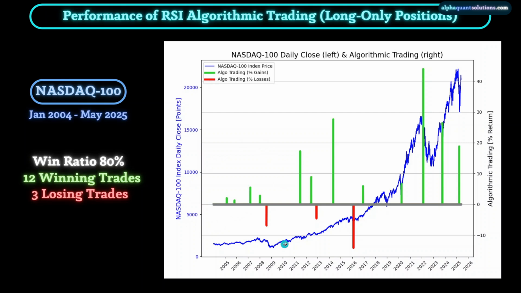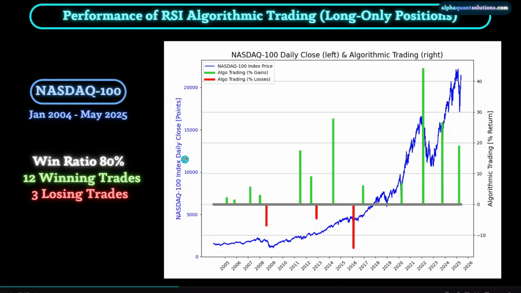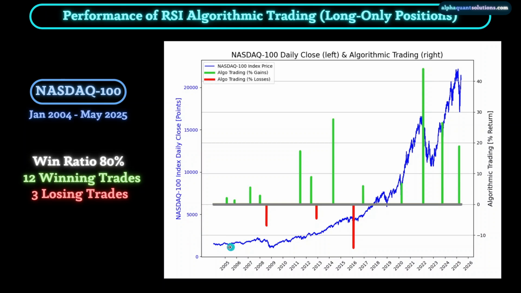And the graph shows some interesting results here. On the x-axis, we have time. On the left y-axis, we have the Nasdaq 100 index points, using daily closing prices. In blue, that's the index.